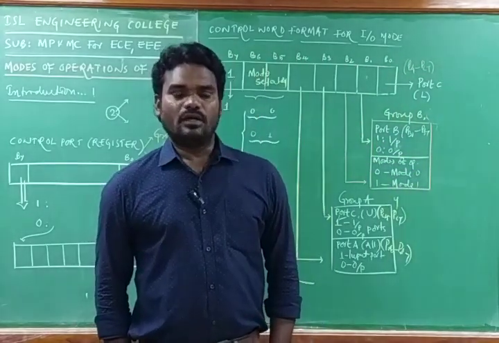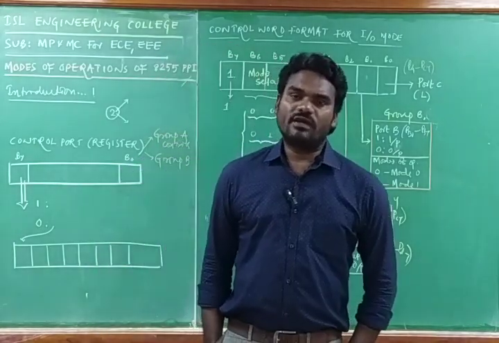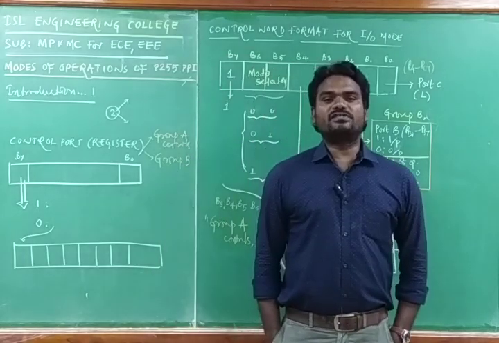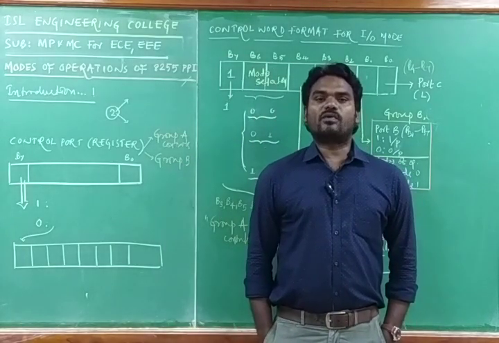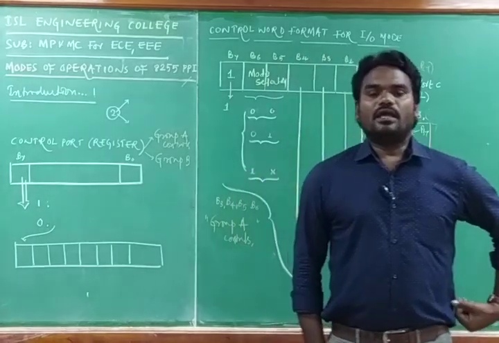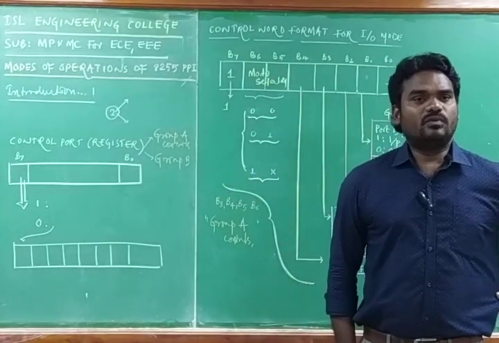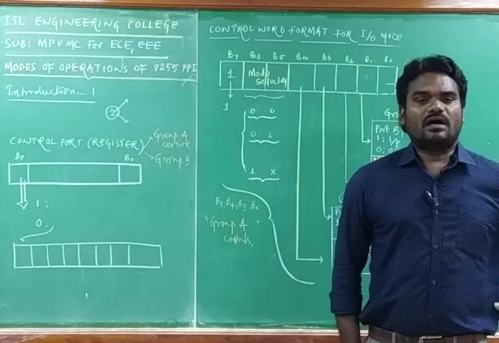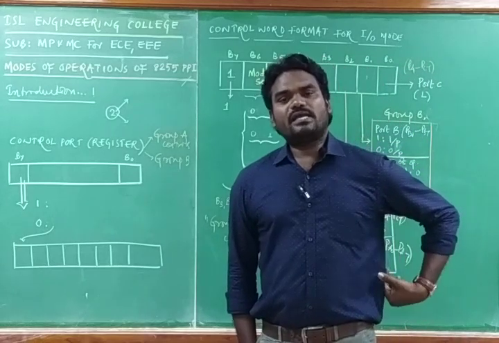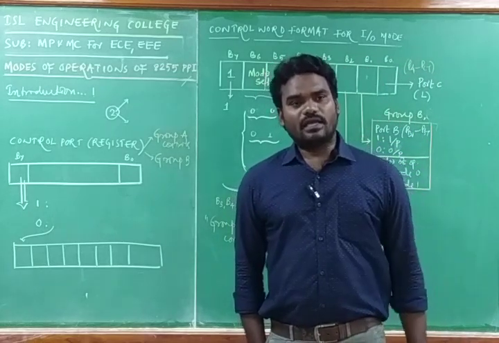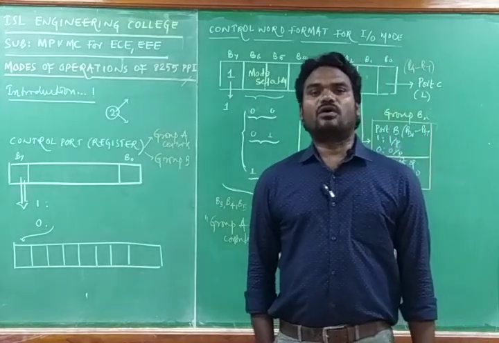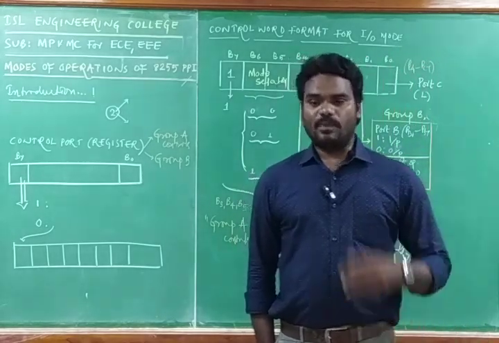That means by making use of 8255 PPI, we can interface the 8086 microprocessor with the input-output devices. Generally, input devices are a keyboard and the output devices are a monitor, and these input devices and the output devices can be interfaced with an integrated circuit that is called 8255 PPI.